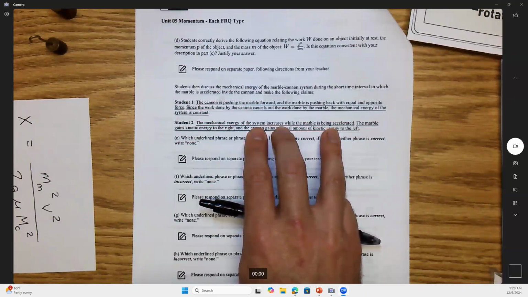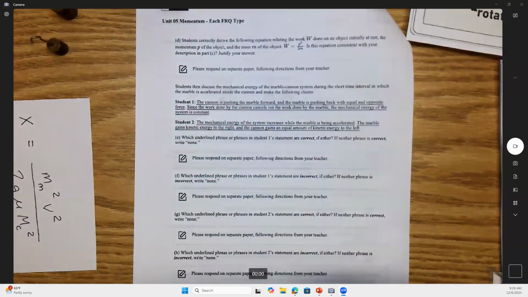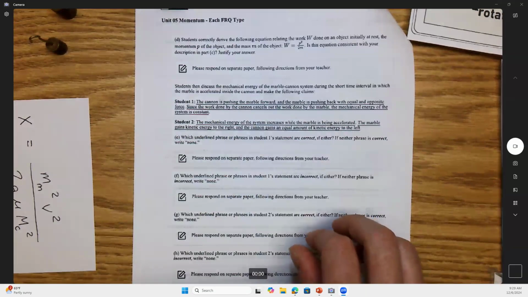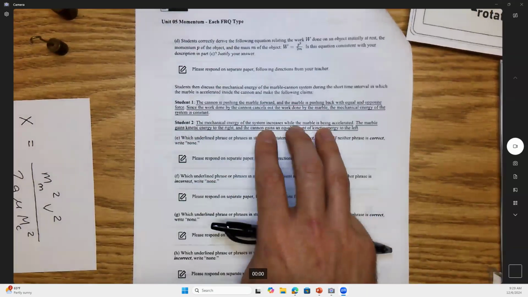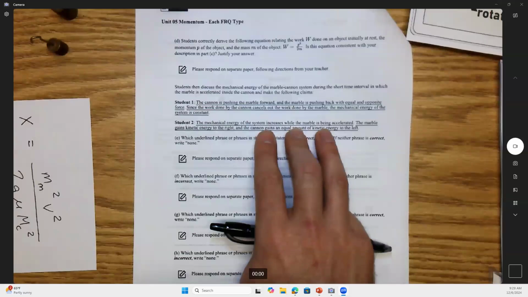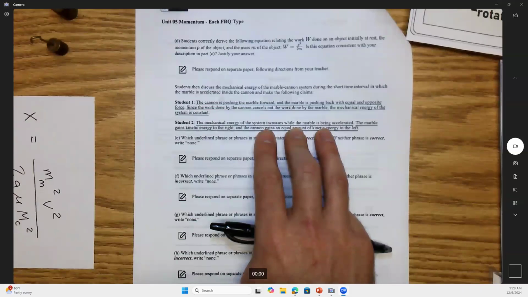But if you push on it, wouldn't the system consist of you two? Well, the explosion is like pushing, right? The cannon and the marble are pushing against each other, giving each other motion. How do we know where to start the system? Like where we start it after it's been blasted, while it's being blasted, or at the end? Because this says while it's accelerating.